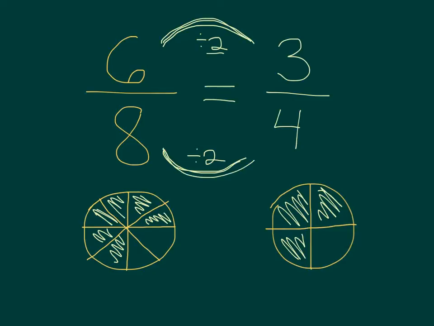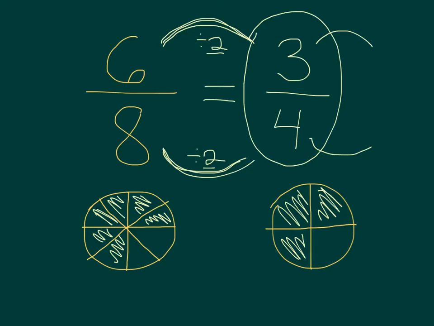I divided them both by 2. So 6/8 is equivalent, or equal, to 3/4. Yet 3/4 is in simplest form. It's easier to draw, easier to picture in your head, easier to work with. And there are no whole numbers that divide evenly into 3 and 4. So 3/4 is in simplest form.